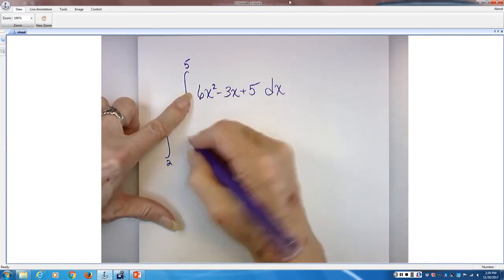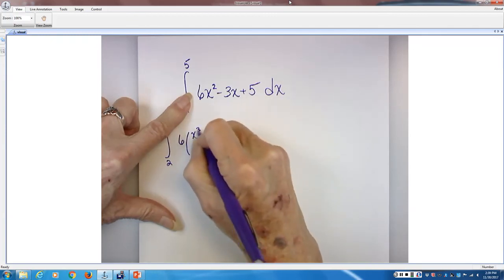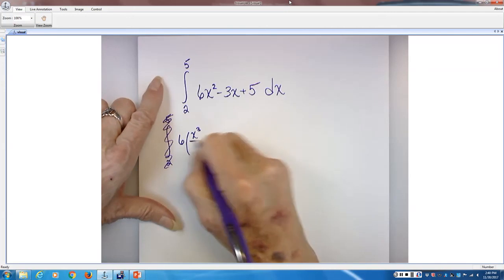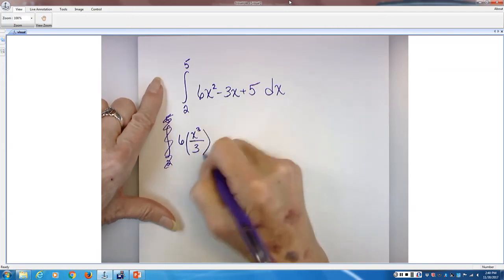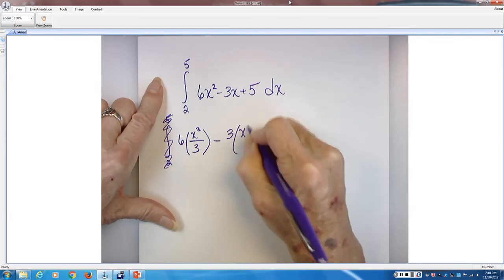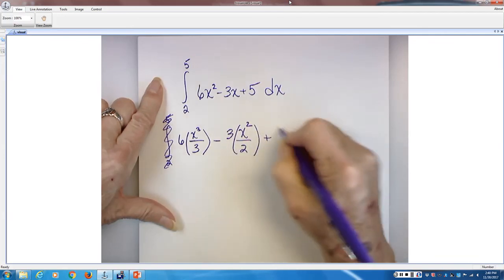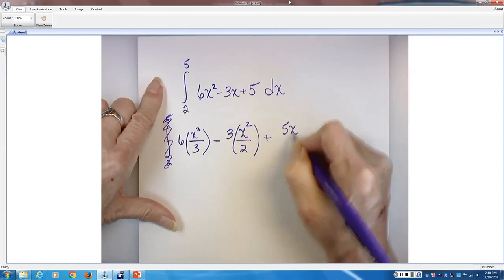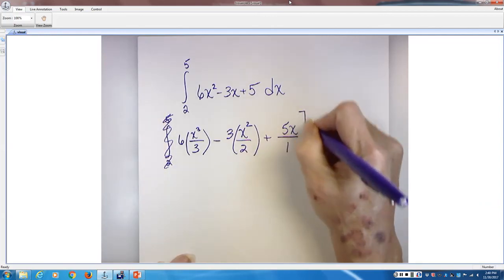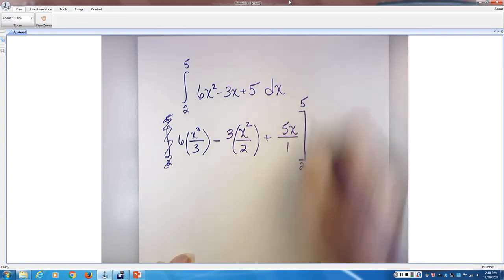So the first one is going to be 6 times x to the third over 3 minus 3x squared over 2 plus 5x over 1, and we're going to evaluate that integral from 2 to 5.